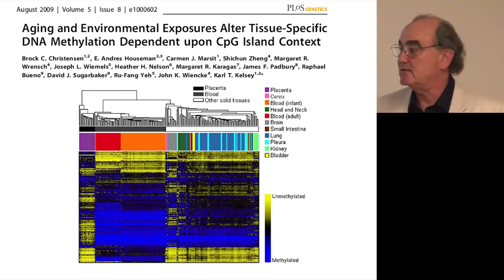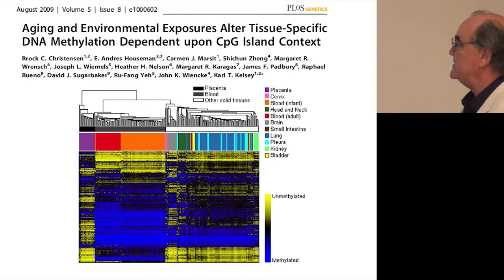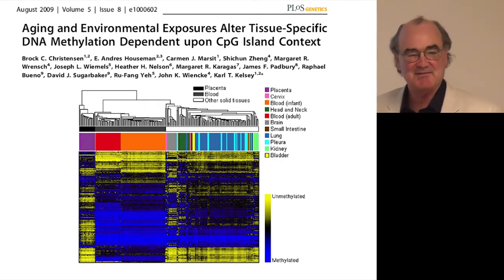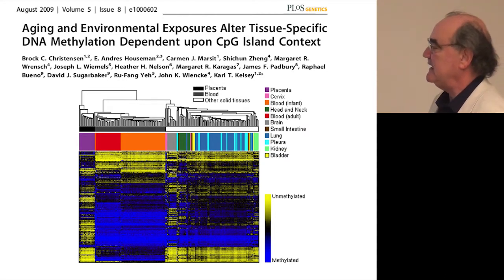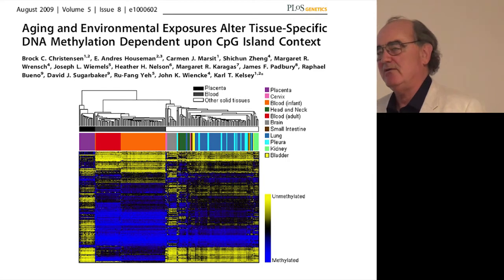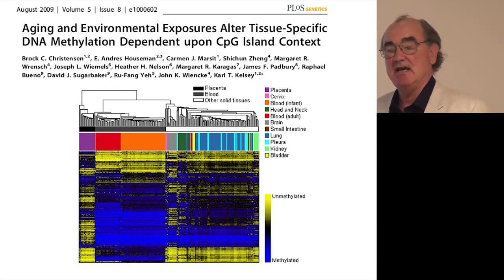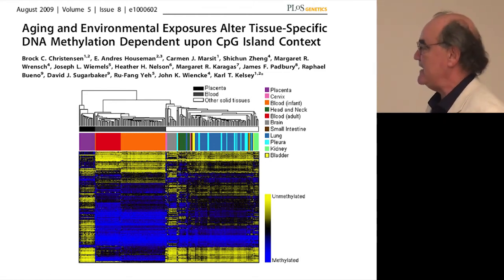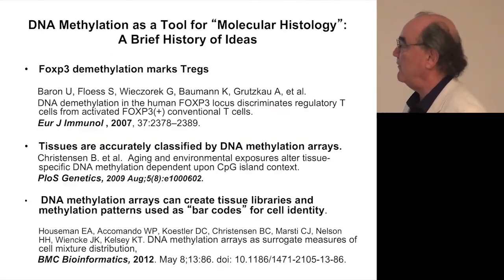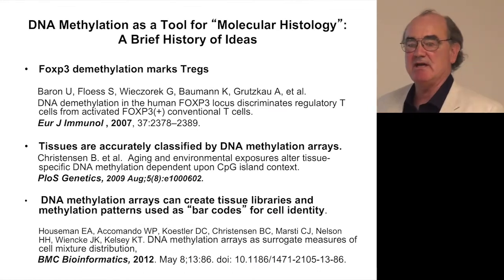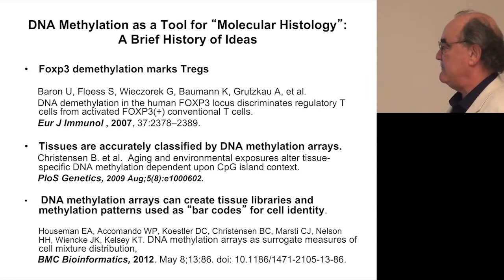It was not a sophisticated hypothesis-driven experiment, but it turned out to be quite interesting because these are just normal tissues taken from our freezers and some of our collections that we have on hand, and we were able to completely distinguish all these tissues with a fairly high degree of statistical confidence simply by looking at the methylation patterns. That gave us the idea that maybe methylation could be a signature, and also led to what I now call a barcoding concept for lineage differentiation by DNA methylation.